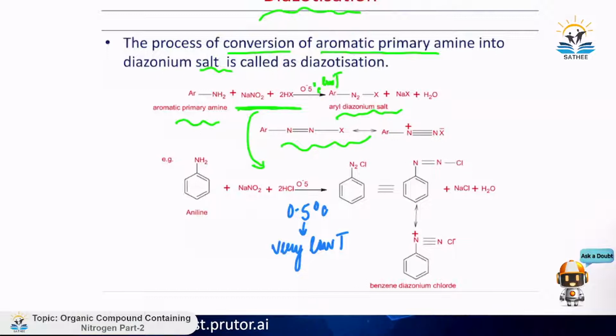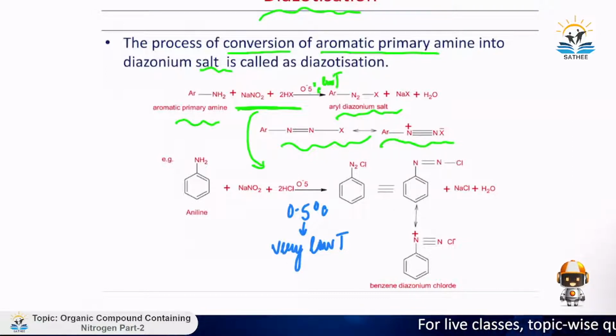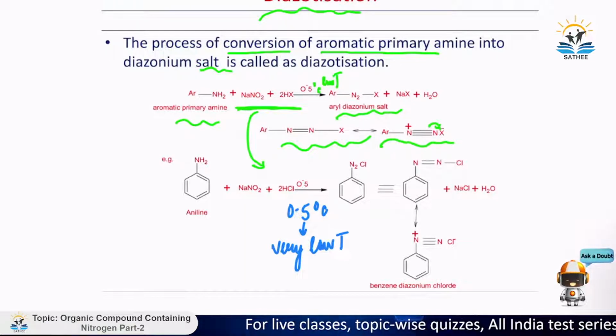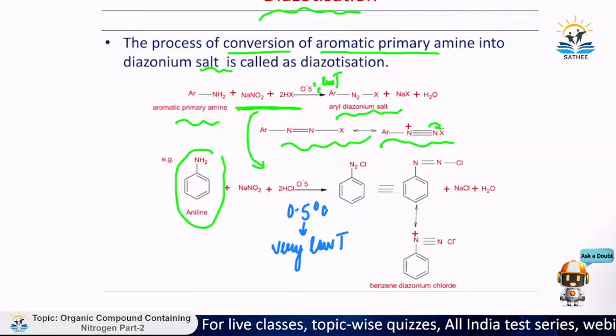Now what will happen? We saw that aryl diazonium salt is formed. This is the structure of aryl diazonium salt. It can also be written like this. If it forms a bond with X, then this triple bond gets broken. So these structures are interconvertible. Now we'll see an example that this is aromatic primary amine, that is aniline.